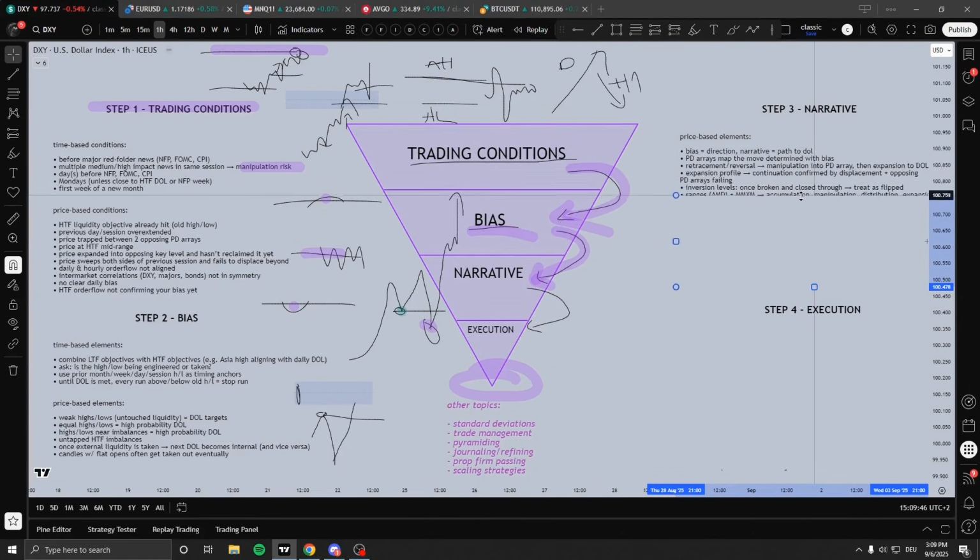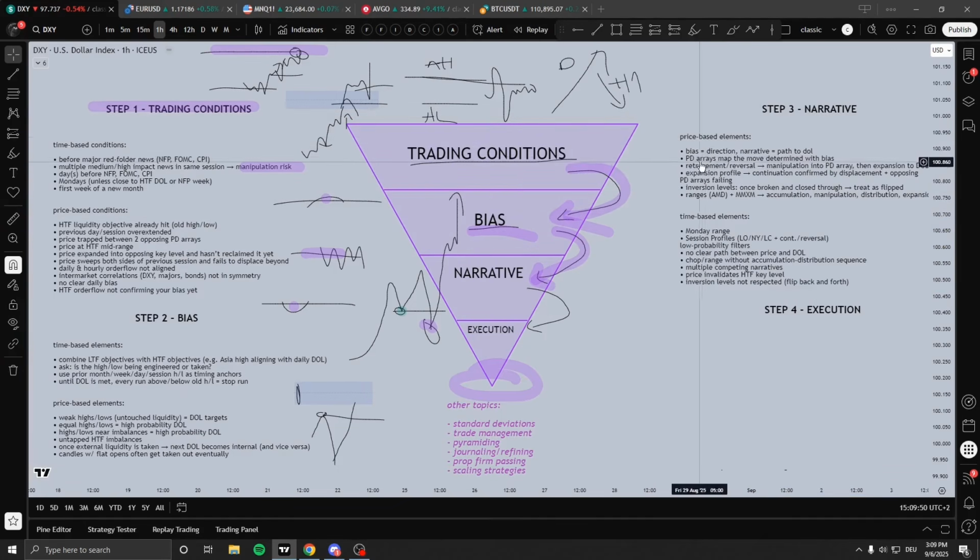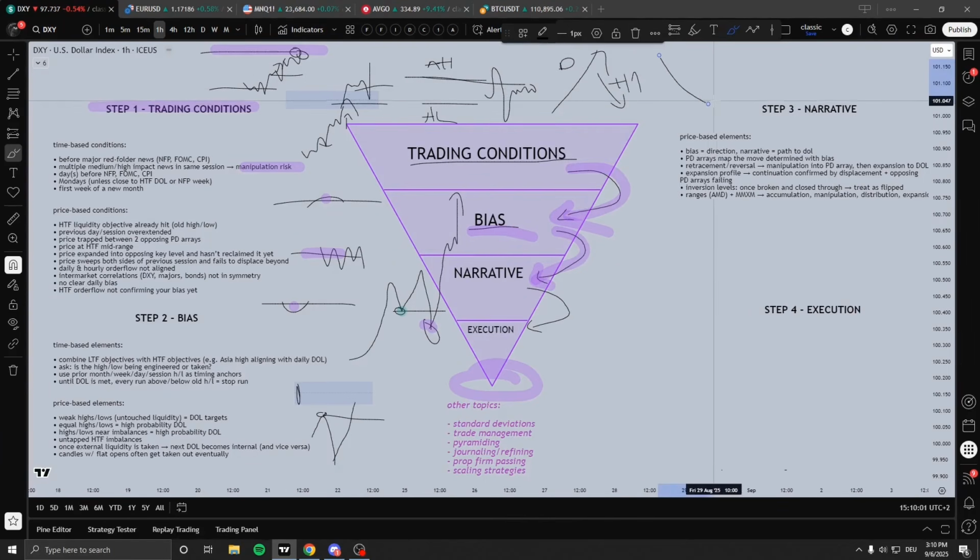Again, we divide into price-based and time-based elements. Price-based, we use the PD arrays and inversion PD arrays to map the direction into the target. Meaning we have the buy side, we have the sell side, and then with the reversal, we want to use the inversion levels from the former sell side.